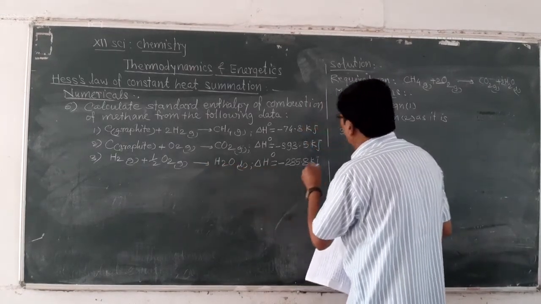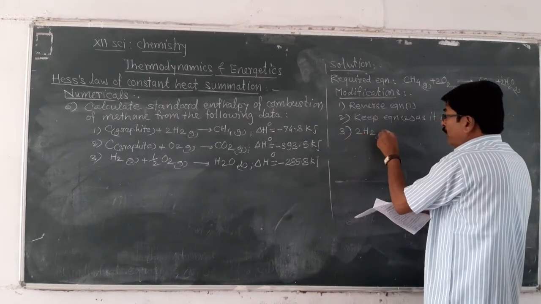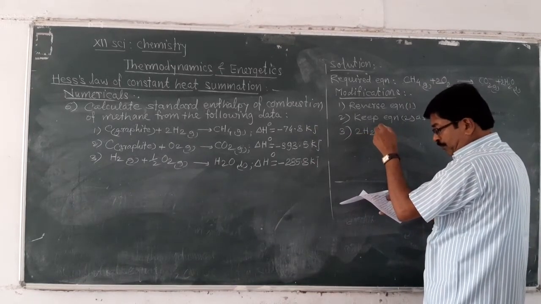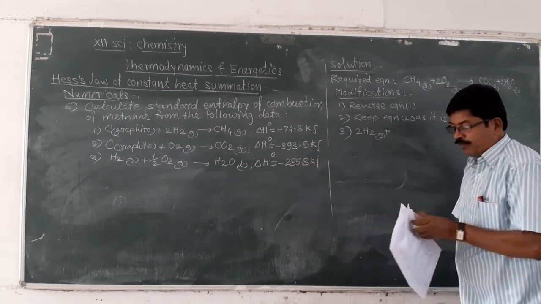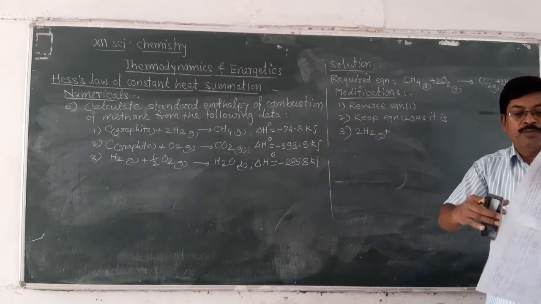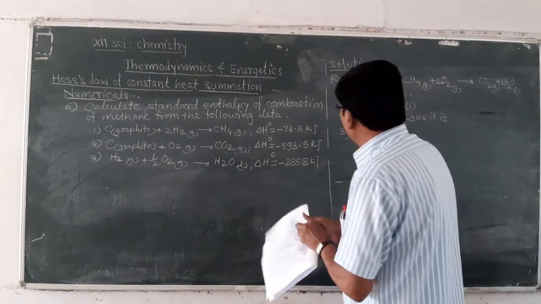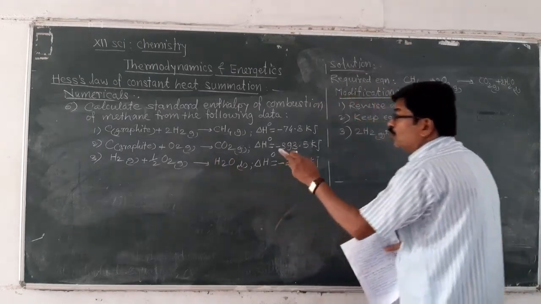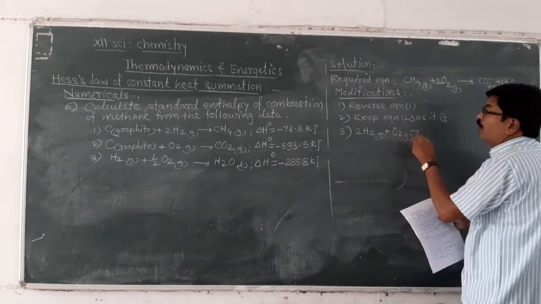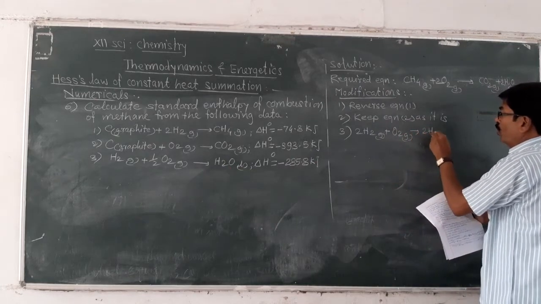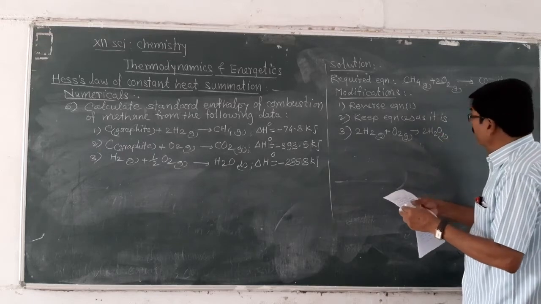That means we get 2H2 gas plus 2 by 2, means 1, O2 gas to give 2H2O liquid. This is the equation.